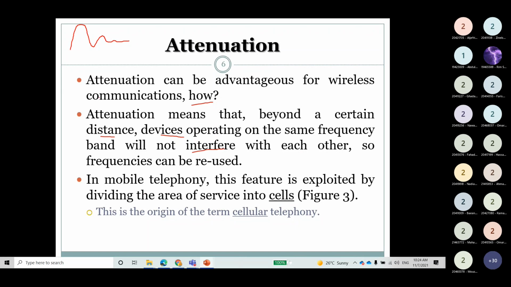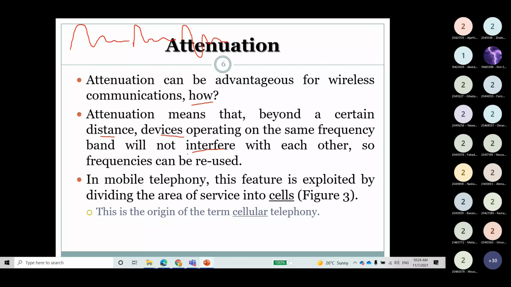Once we have this frequency, after this distance I can reuse the same frequency. Why? Because the signal will die and I will not have interference, whereas many signals would otherwise interfere and cause congestion.